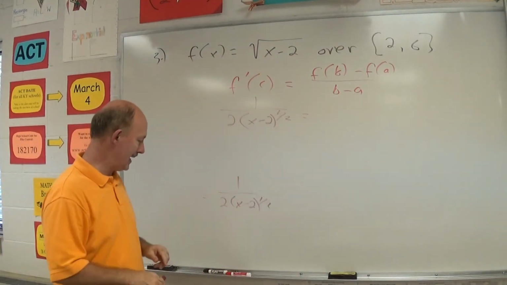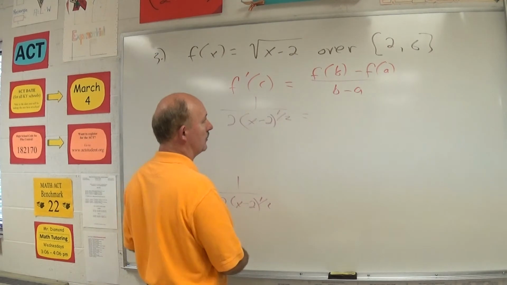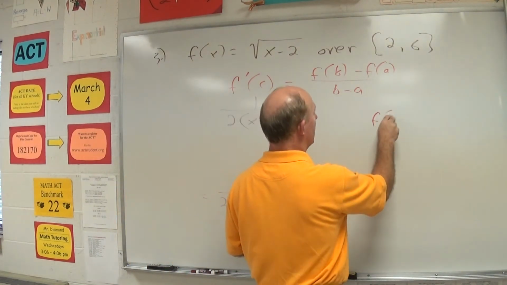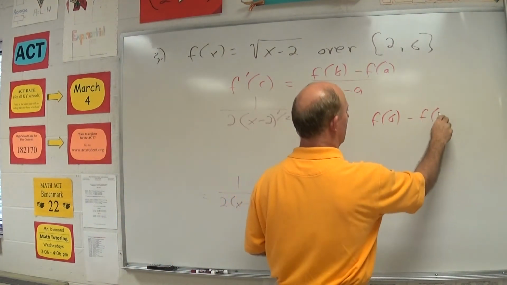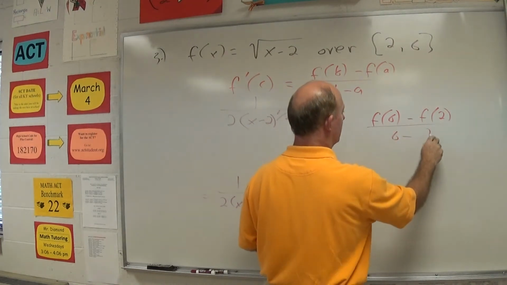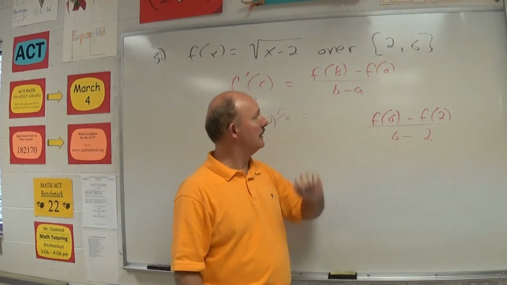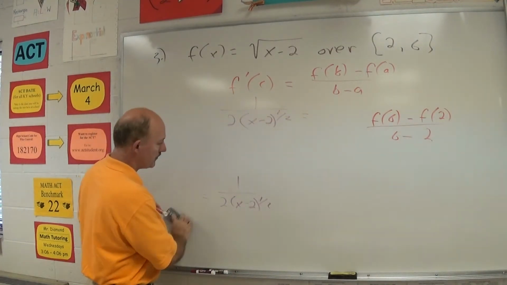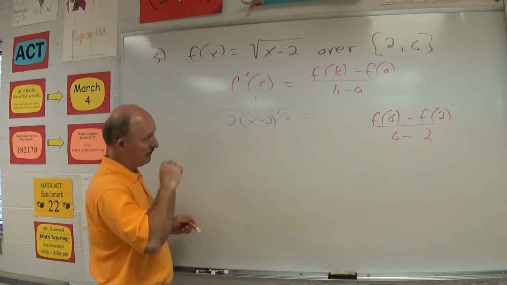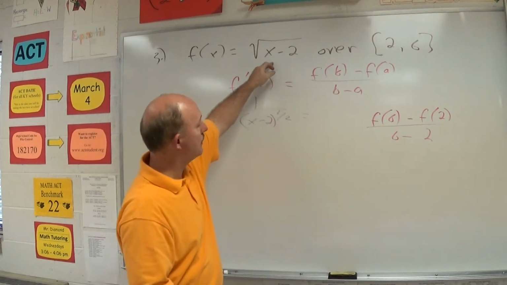Now let's see if we can calculate the average rate of change. And this will be the function at 6 minus the function at 2 divided by 6 minus 2. So on this side, I'm going to go ahead and calculate the average rate of change. So let me erase this. Okay, now let's take the 6, plug it into our function for x.